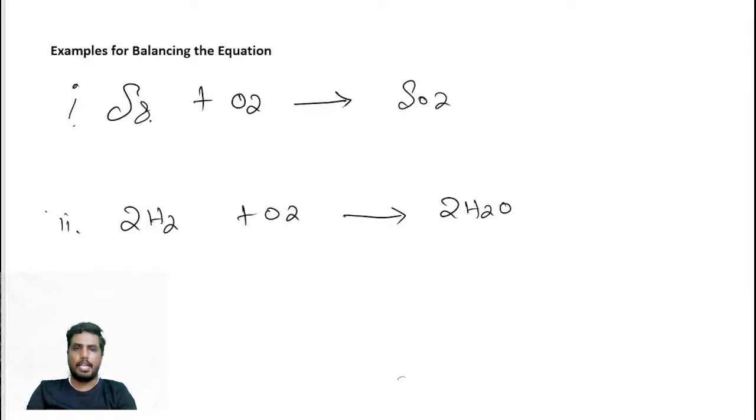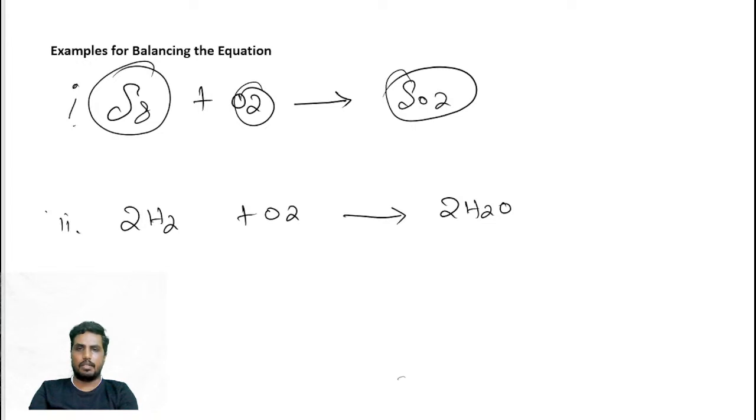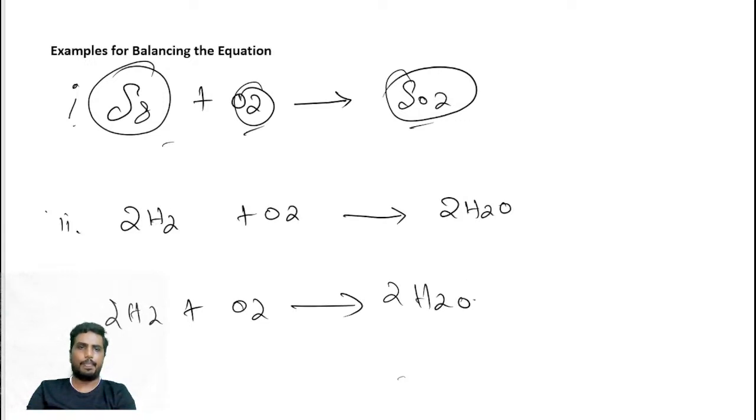Yes. So here you can see S8 plus O2 gives SO2. S8 sulfur plus oxygen gives sulfur dioxide. The second example is 2H2 plus O2 gives 2H2O. We can solve one by one.